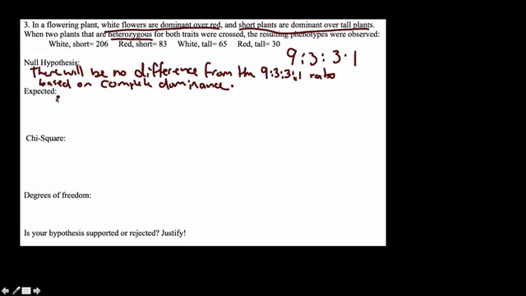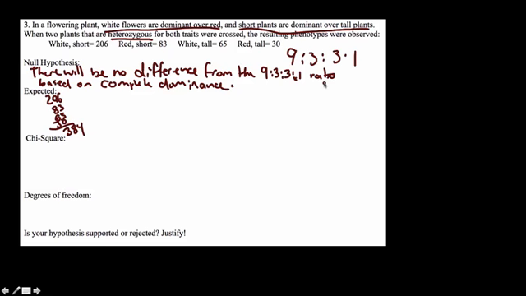So in order to calculate the expected, we add up the total. So 206 plus 83 plus 65 plus 30, and you should wind up with 384. Now, these ratios, if we add this all up, 9 plus 3 plus 3 plus 1, there's 16 total.